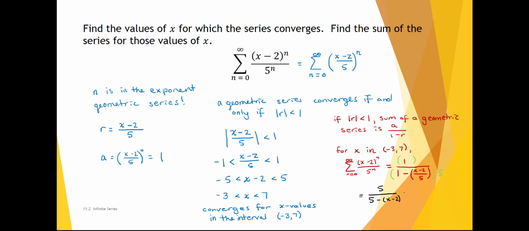And combining like terms on the bottom, we have 5 divided by 7 minus x. So our series for x values between -3 and 7 converges to the function 5 divided by 7 minus x. This is actually an example of a power series, which we will study more in depth next week.